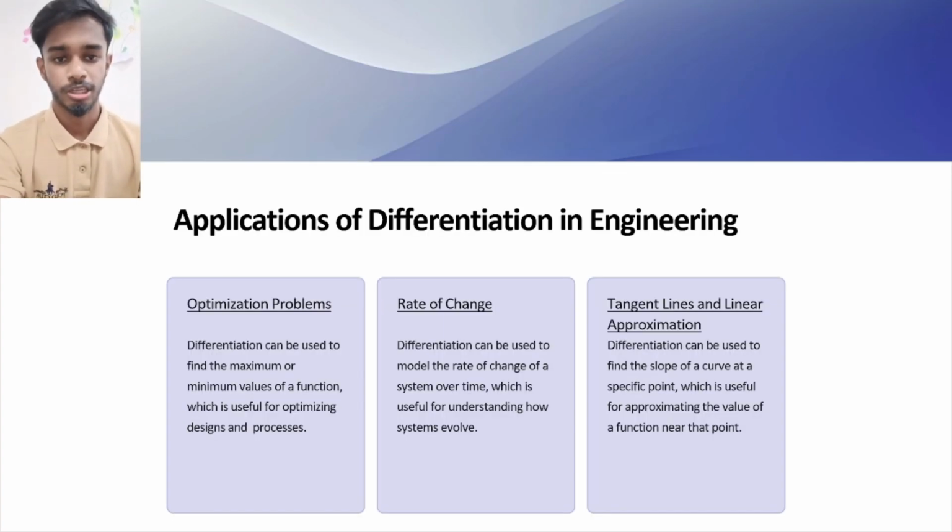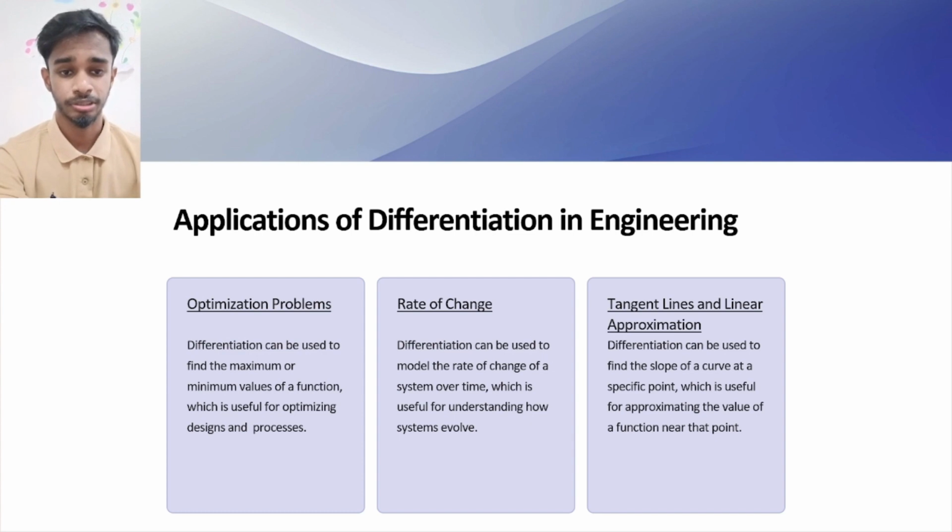Now I want to explain about the application of differentiation in engineering. First one is optimization problems. Differentiation can be used to find minimum or maximum values of a function, which is useful for optimizing designs and processes. Second is rate of change.